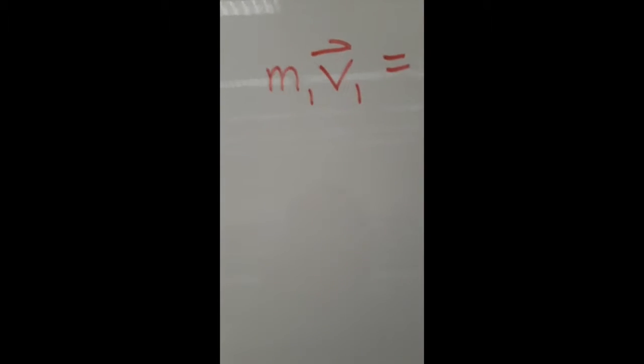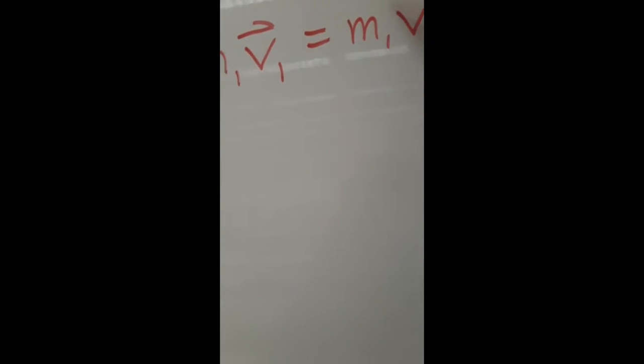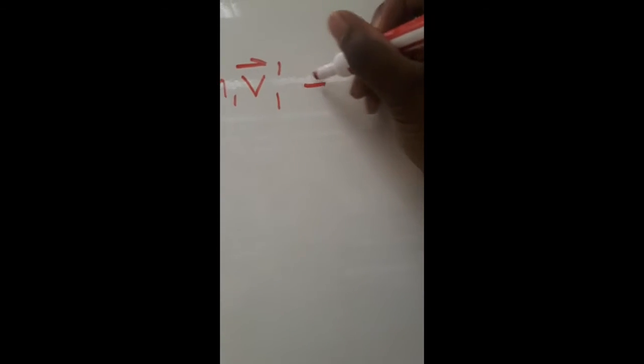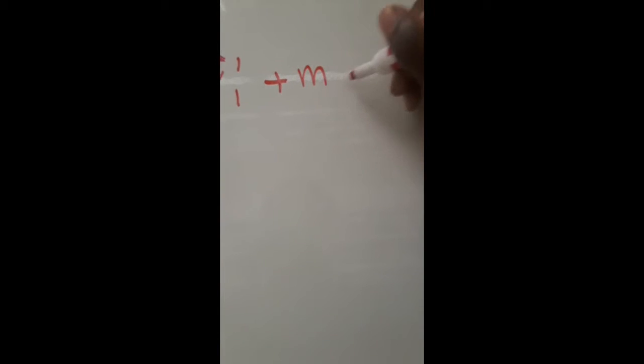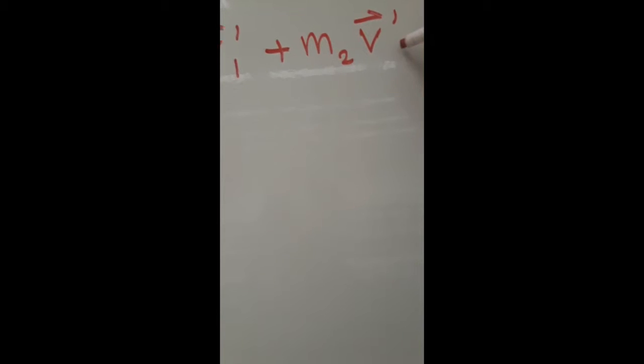If we want to find the final velocity of the second skateboard, we can take the mass of the first one and the velocity of the first one, and it equals this basic formula.